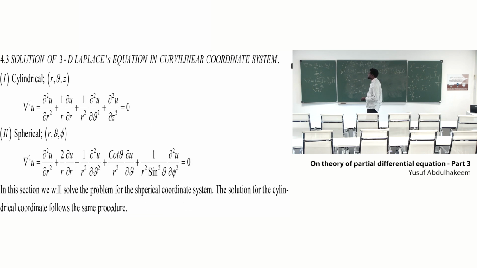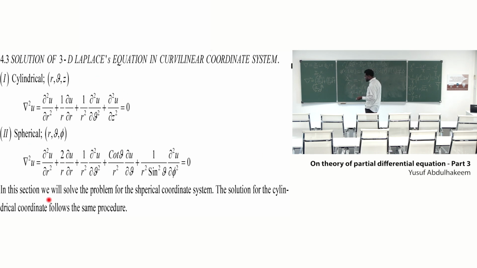Now let us look at this. This is a solution of a 3D Laplace equation in a curvilinear coordinate system. The first differential equation here is the cylindrical form of the 3D Laplace equation, and this second one is the spherical form of the 3D Laplace equation.